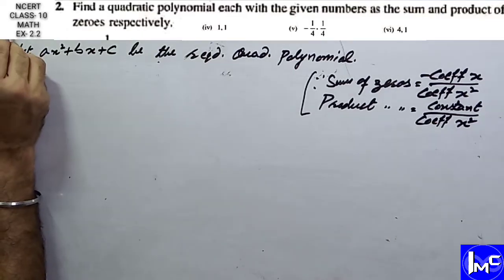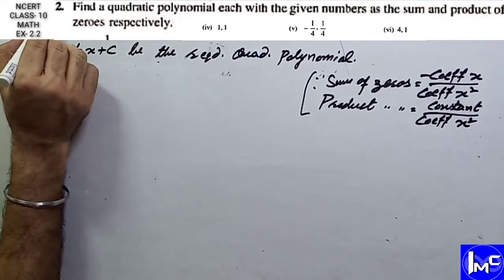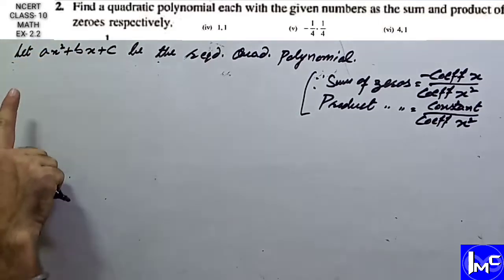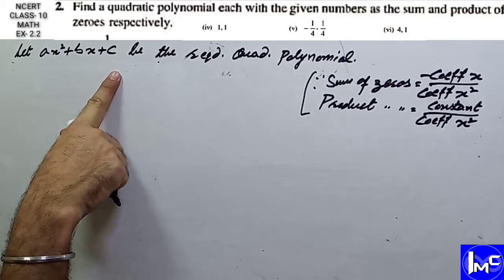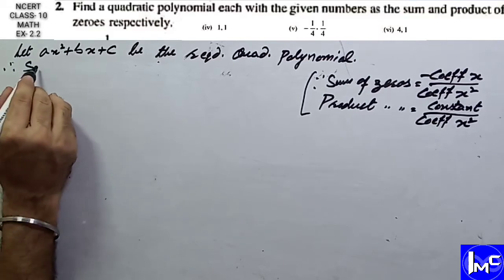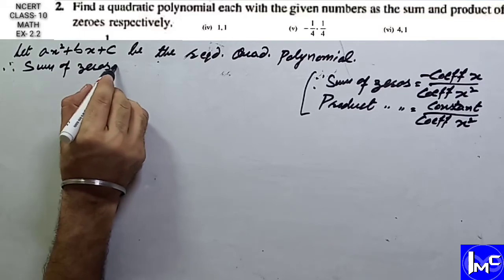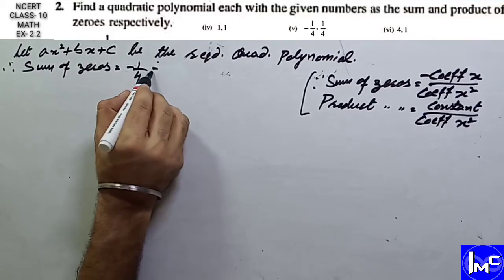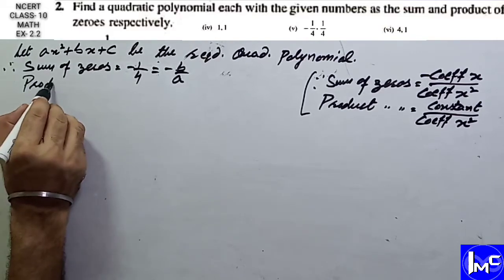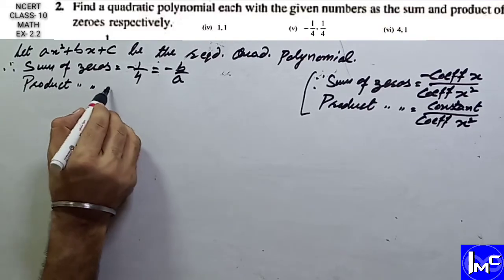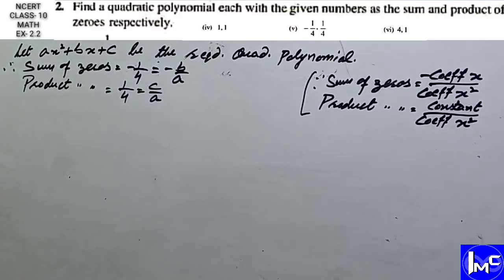Question 5, minus 1 by 4 and 1 by 4. Again, this is a required polynomial, and so sum of zeros is equal to minus 1 by 4, and that is equal to minus b over a, and product of zeros, that is 1 by 4, c over a.